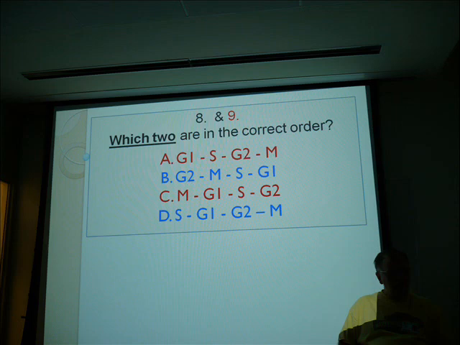The two blue ones are not possible. This one will happen, but this won't happen, and that won't happen either. Of course, on the paper test, there are no reds and blues, it's all just black and white ink.